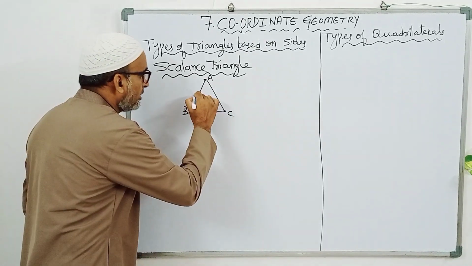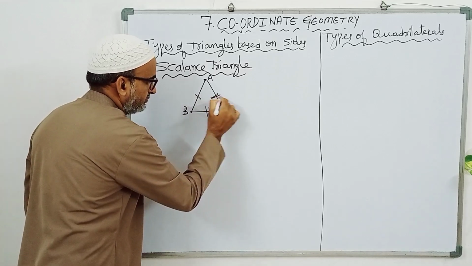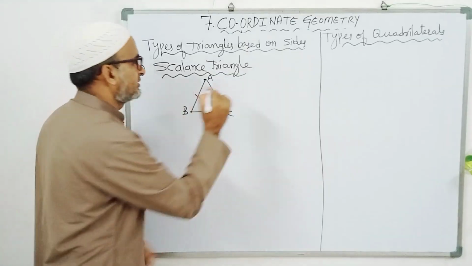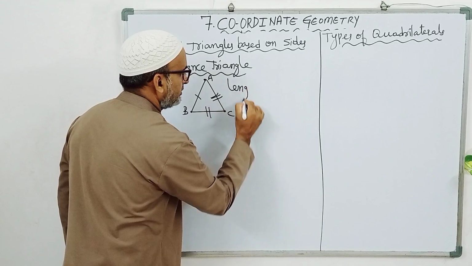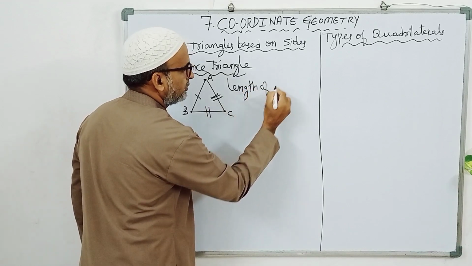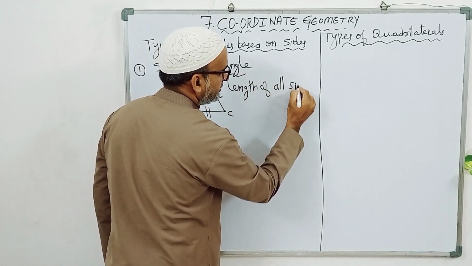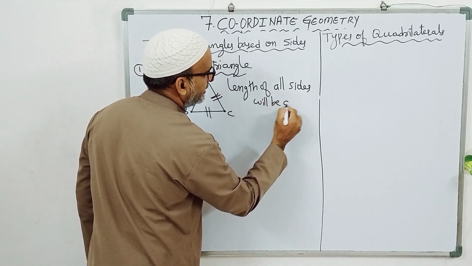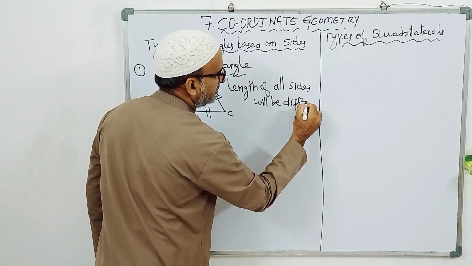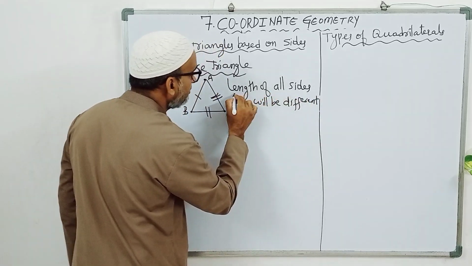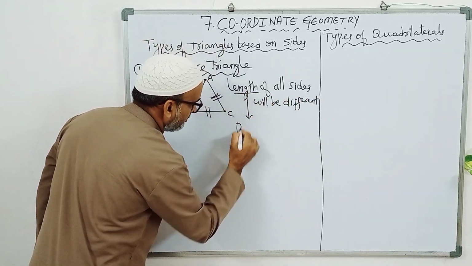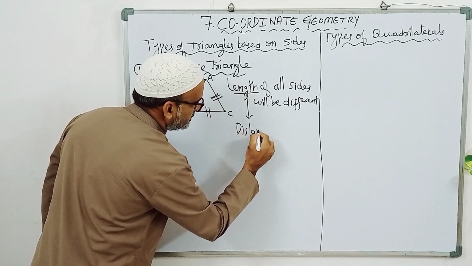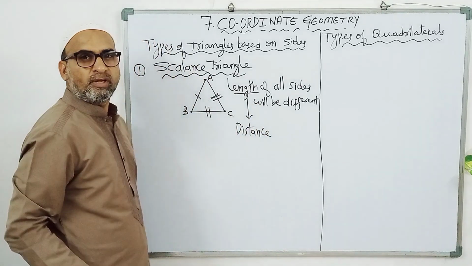Scalene means all sides will be different. The length of all sides will be different. Length means distance, and we should use the distance formula.